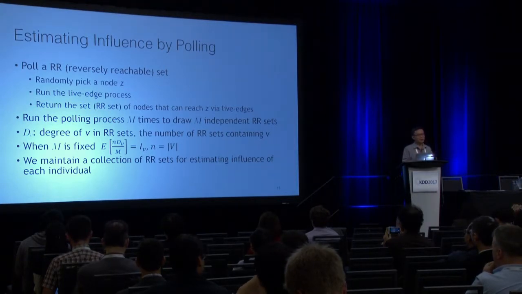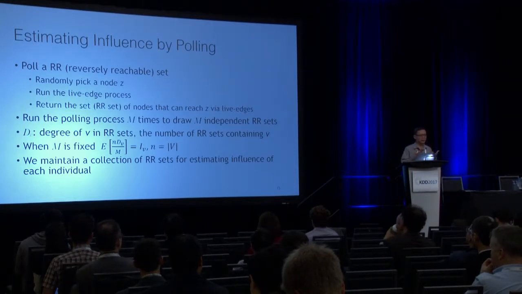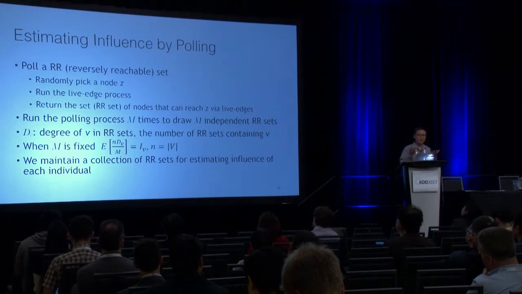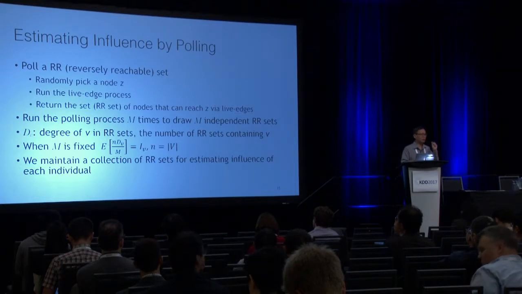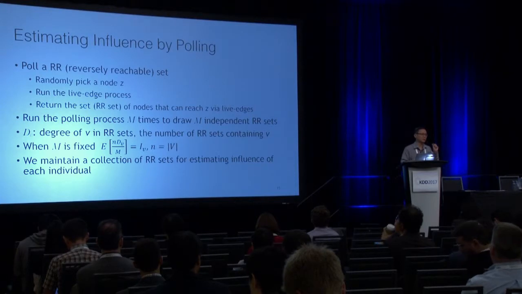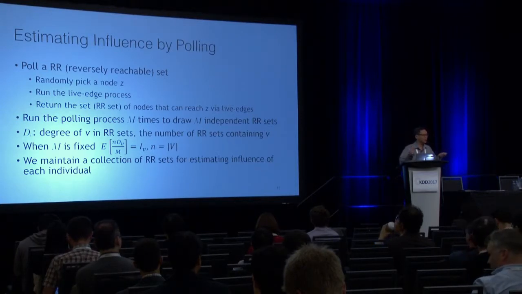So one idea people may think about is whether we can use some sampling techniques to estimate. This is a very natural way of thinking in tracking dynamic behavior, right? The challenge here is that sampling in a network is quite different from sampling from, for example, a set of numbers.